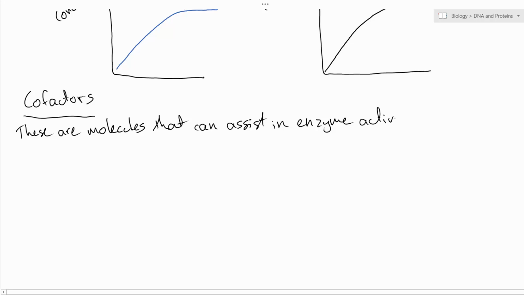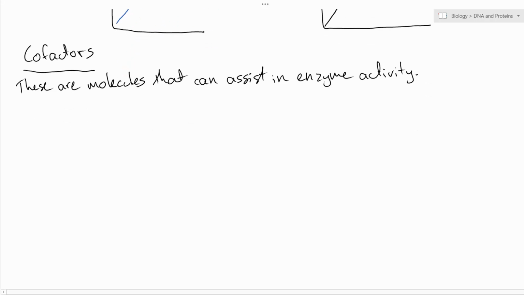So they might do something like bring substrates down to the active site of the enzyme and just kind of help the process occur. So there's a number of different cofactors. They can be inorganic metal ions and amongst other different things. So there's cofactors that exist.